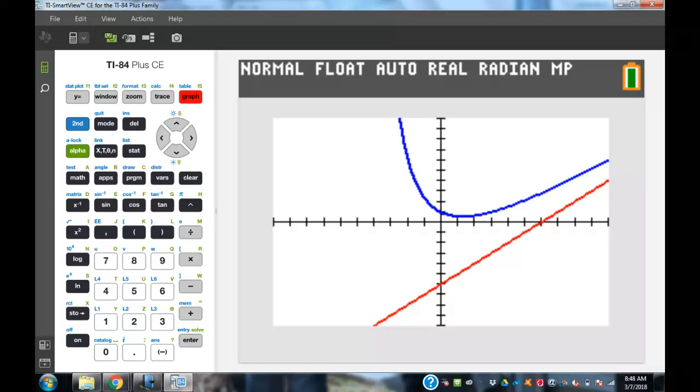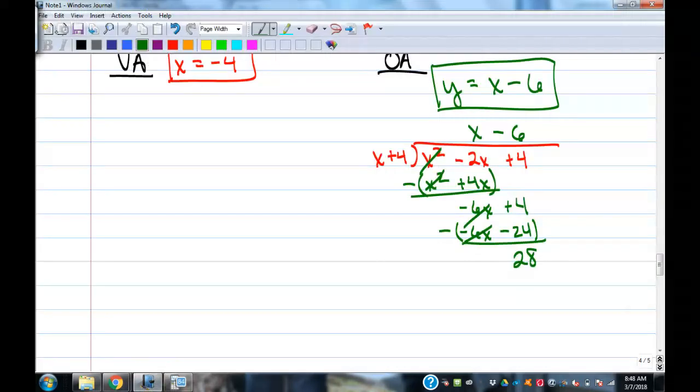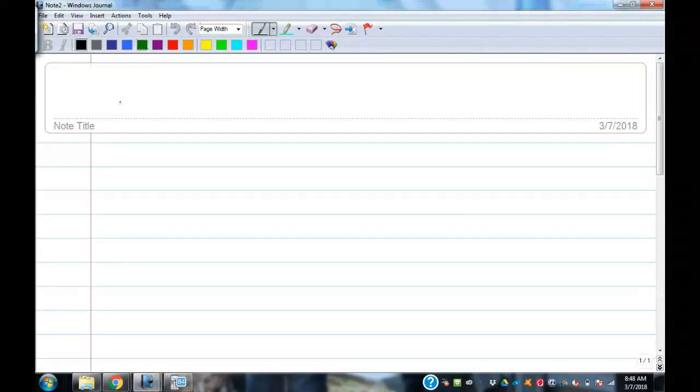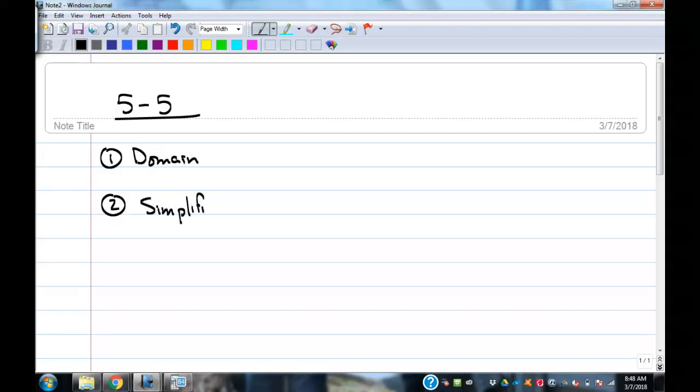All right, so let's look at section 5 real quick. And you can just continue on that page and just say, hey, this is where 5.5 starts. It's still rational functions. We're still doing all of those things. We're doing the domain, simplifying. Then we're getting all those asymptotes. And then we're going to find the intercepts.